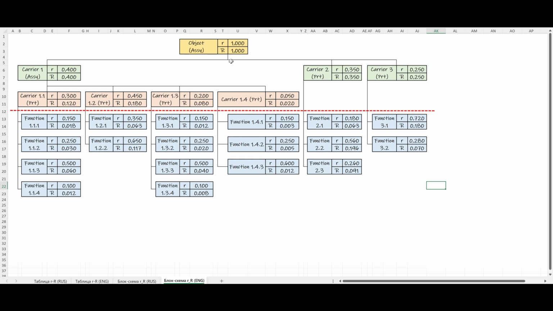Accordingly, if we have no significance value in the calculation chain for at least one function or function carrier, then determining the significance value and therefore constructing the RQS and 6S diagram turns out to be impossible.